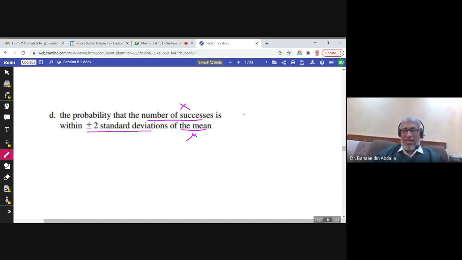So the distance between x and mu, the absolute value of x minus mu, is less than or equal to 2 standard deviations. When you have the absolute value, it's 2 sigma.